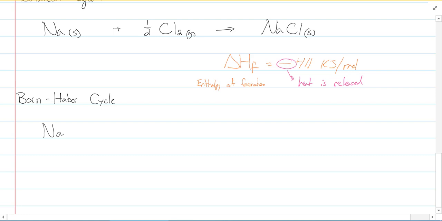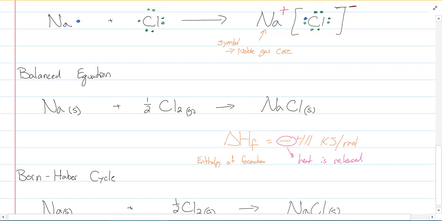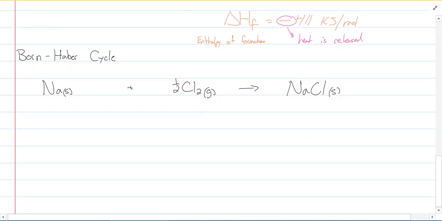Again, sodium metal plus 1/2 Cl2 goes to NaCl solid. So what's physically happening? If we go back up top here, this electron from sodium is going to chlorine. So it's an electron transfer reaction.